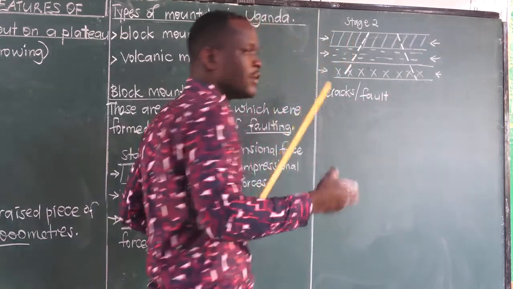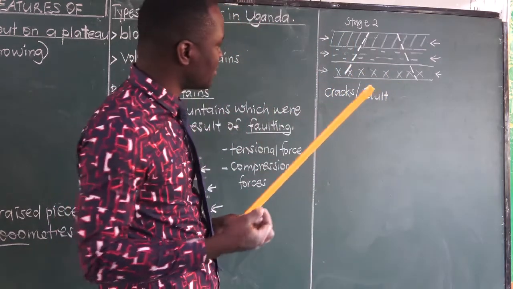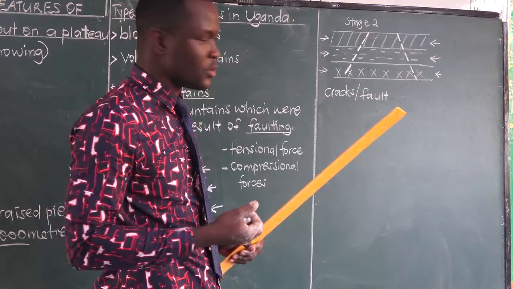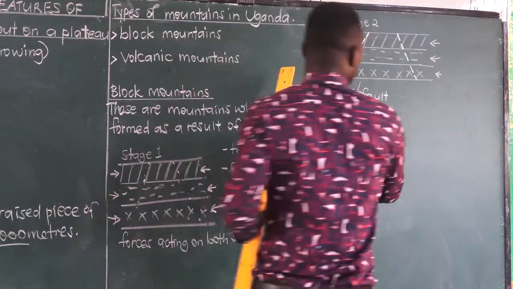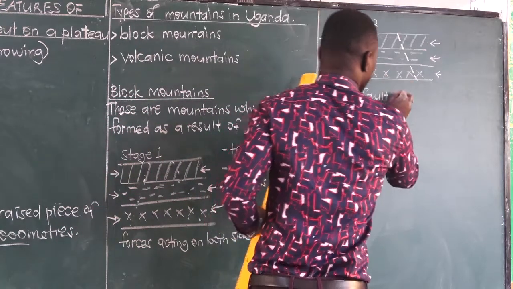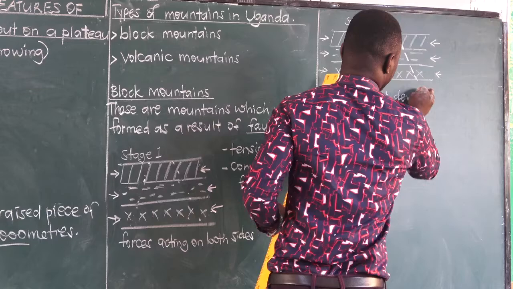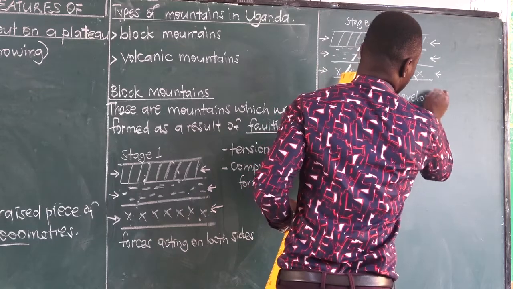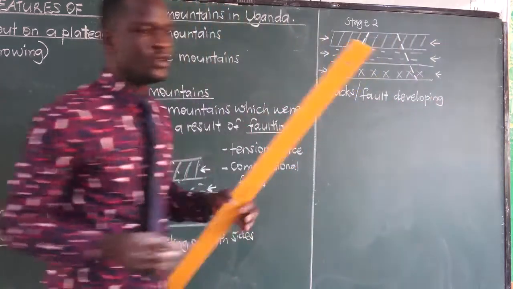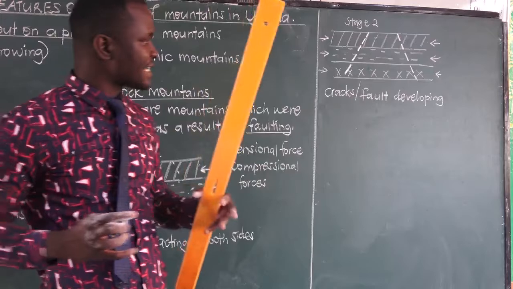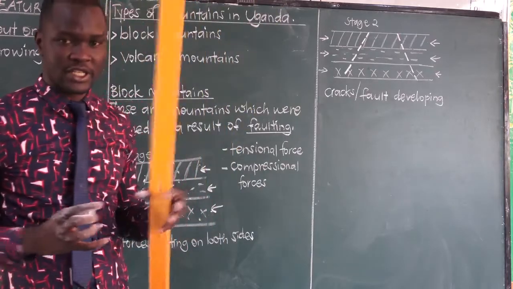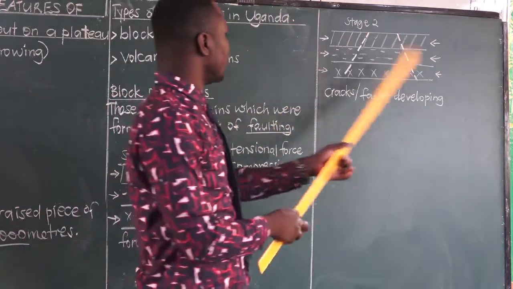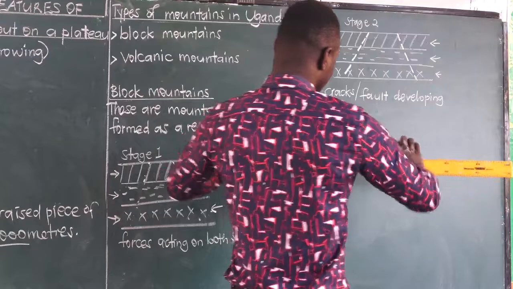Remember, we talked about faulting. We are now understanding the process of faulting, how it took place. So we are having cracks or faults developing, and that is due to the continuous pressure that is mounted from both sides. So that is stage 2.